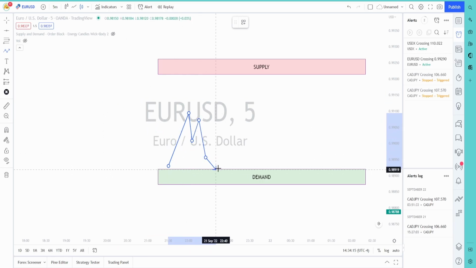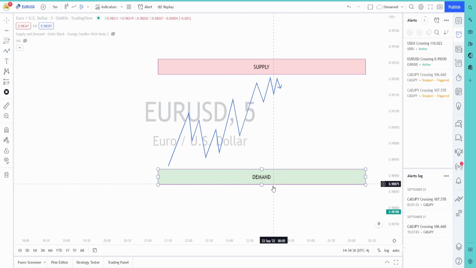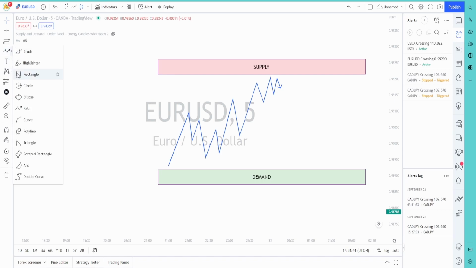You may have targeted all different spots here, but what you should be careful of is when you get to a point where you shouldn't take an entry, which is when you're near a supply or demand zone, depending on the direction that it's going.